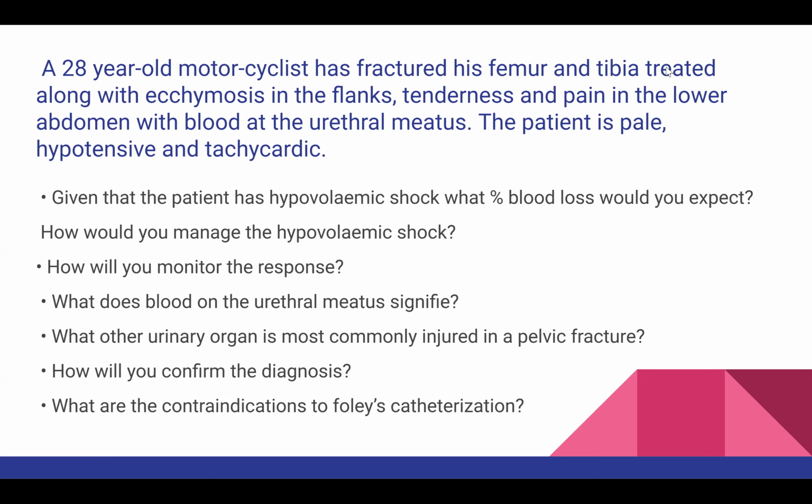The other commonly injured organs are the urinary bladder and the kidneys. And how will you confirm that they are damaged? Sir, initially, if the patient is stable, we will go for a CT scan. If the patient is not stable, we'll go for a FAST scan.